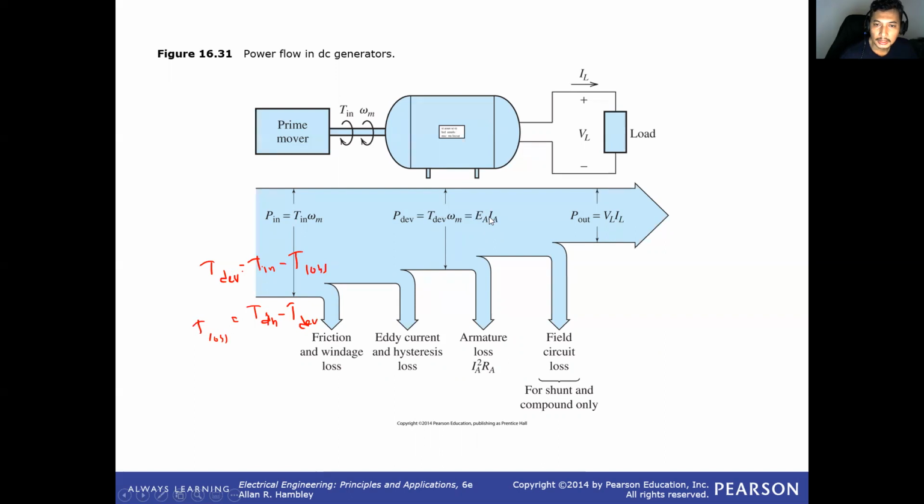Then of course, in the electrical part, we have losses due to the armature circuit, which is I squared RA, and also field circuit losses. But the field circuit losses only apply when you consider a shunt DC machine and so on. For the separately excited DC machine, the field circuit losses are not considered.